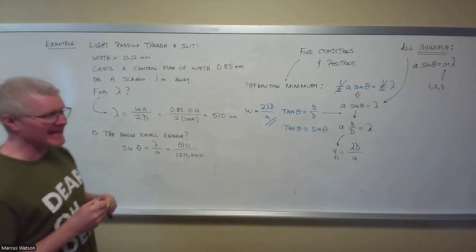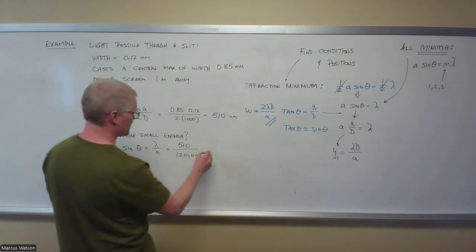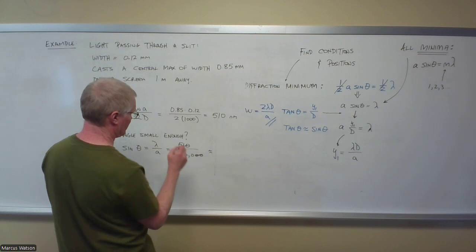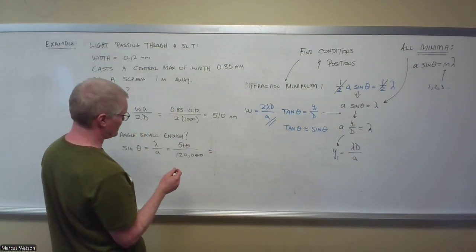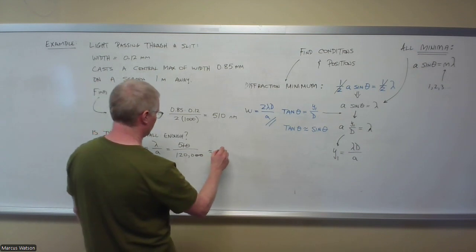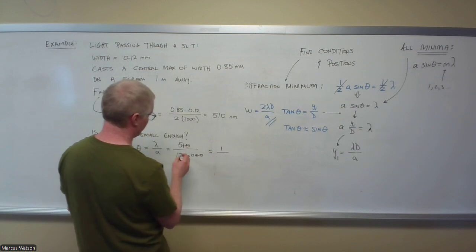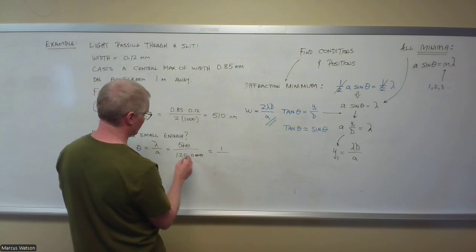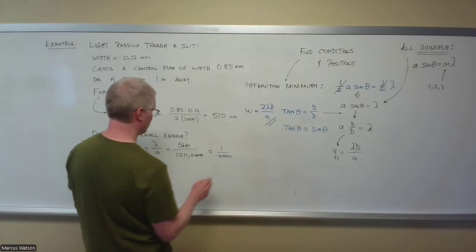So does that seem like a small enough angle? Getting rid of these, 5 and 12 is like 1 and 2. This is about 1. Well, 5's not really 2, but it's not that bad. It's like 1 in 2,000.